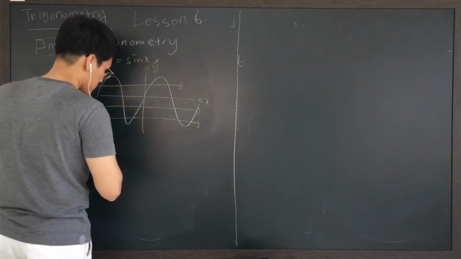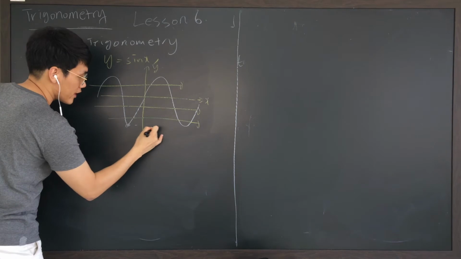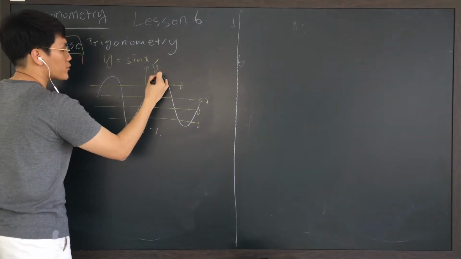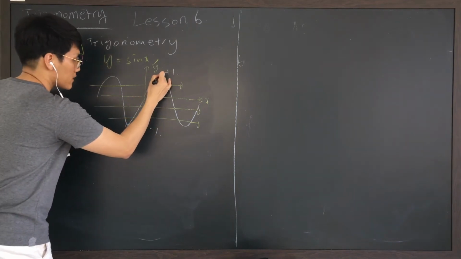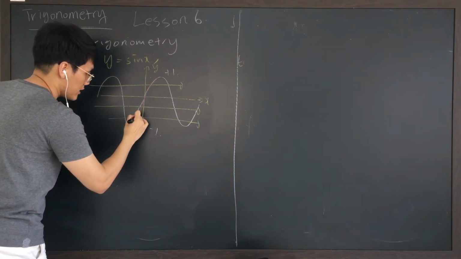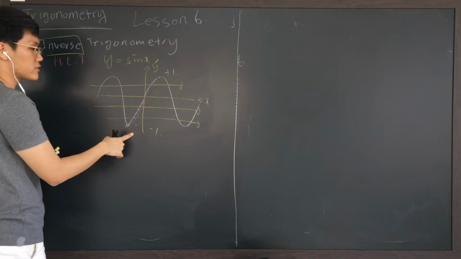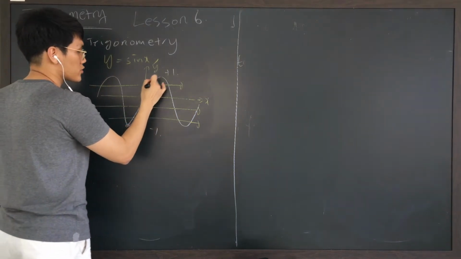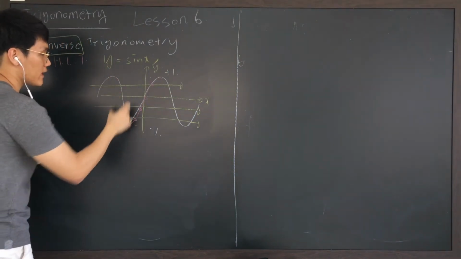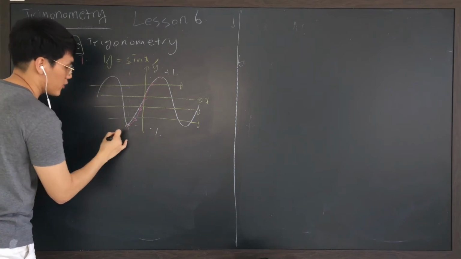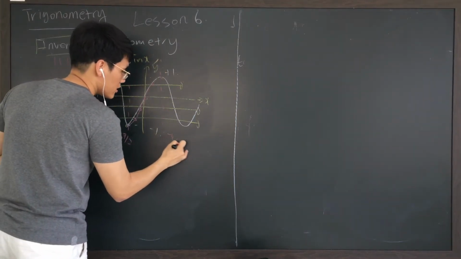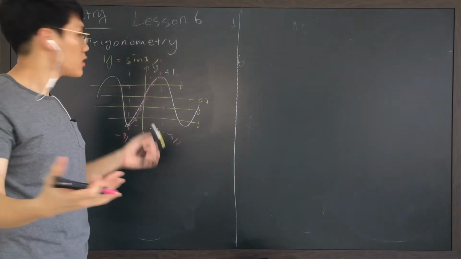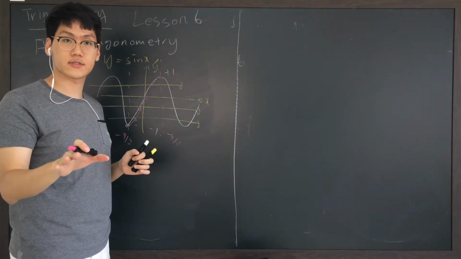What we realize is from the minimum value of -1 for the range up to the maximum value of 1, this red line has only one point of intersection with each horizontal line, right? So if I just restrict the domain from -π/2 to π/2, sine x will pass the horizontal line test. Okay, that's good.